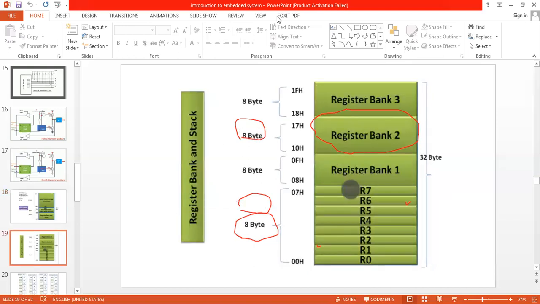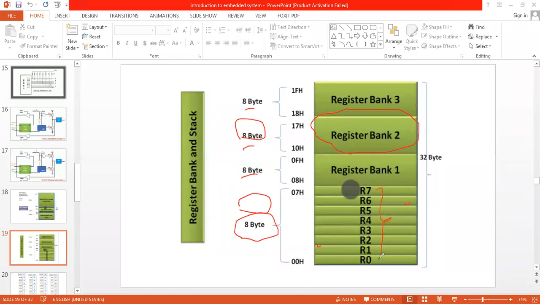So this is what we have gone through when it has been divided into four banks. Only the first 32 bytes. That 32 bytes is divided into four groups of 8 bytes: 8 plus 8 plus 8 and 8. So the total is 32 bytes, and each 8 bytes has 8 registers.